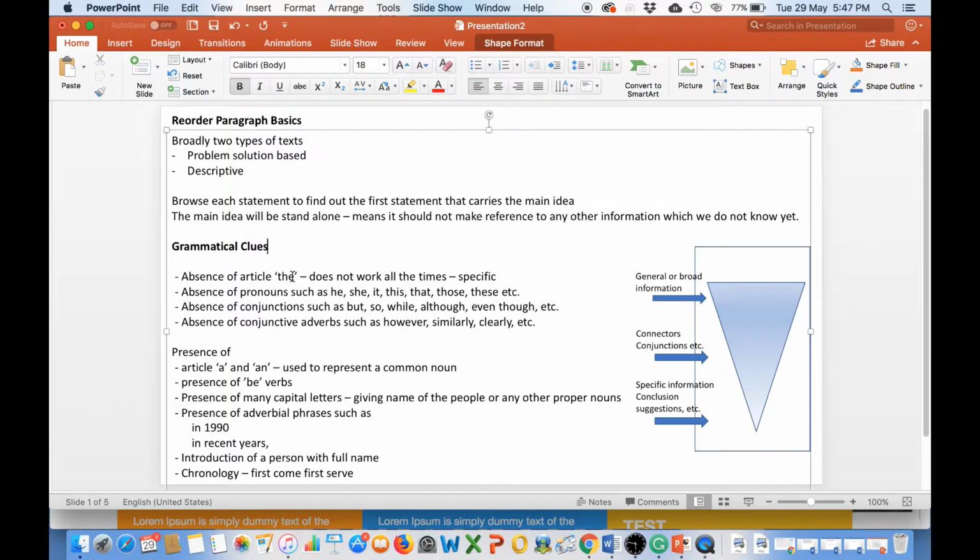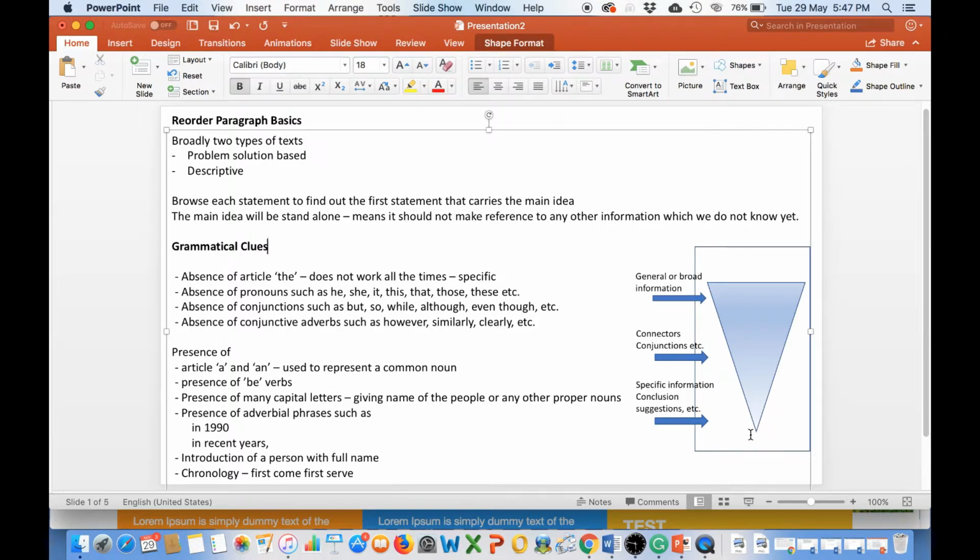But whenever you see the article the and a statement starting with a, you should give more preference to the statement starting with a. Always look for something like the result. If it starts with the and talks about the result, which should generally come at the end of the paragraph, as the last statement, most likely it may come there.